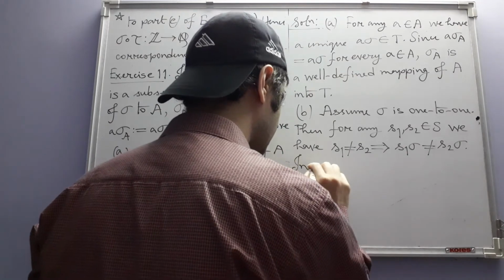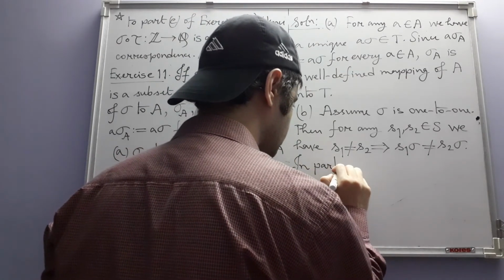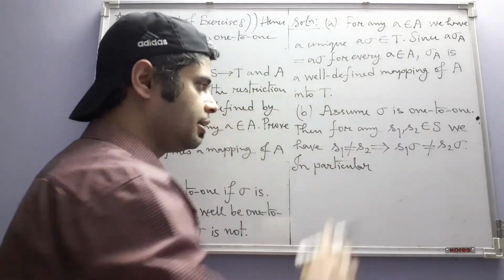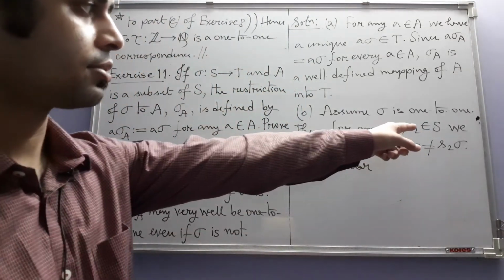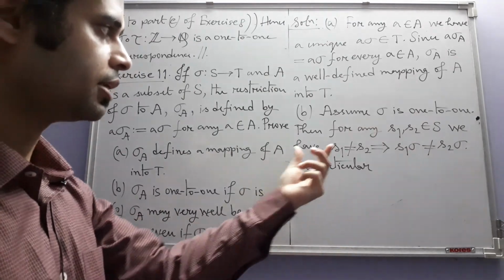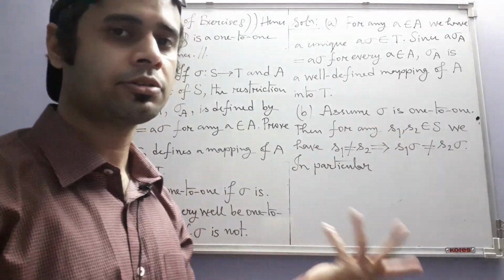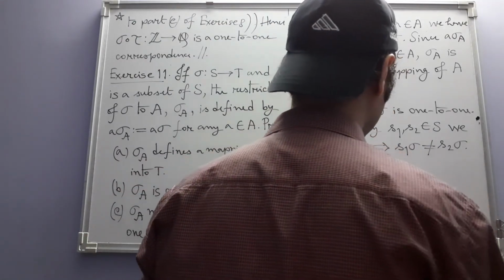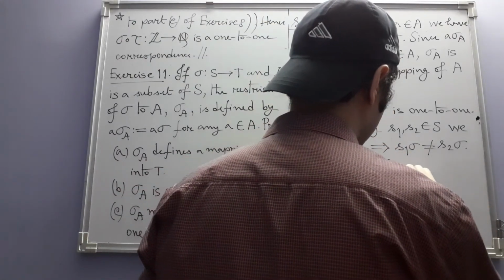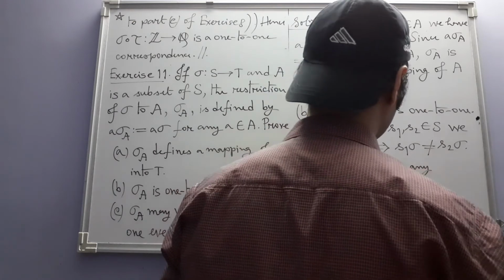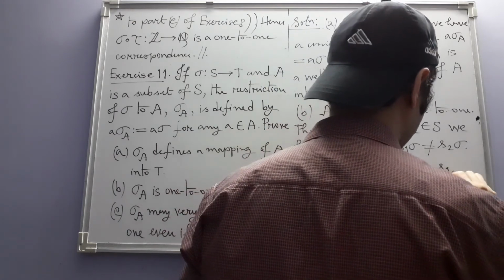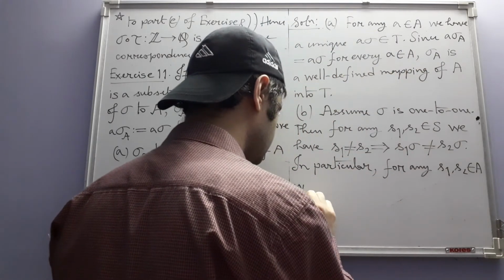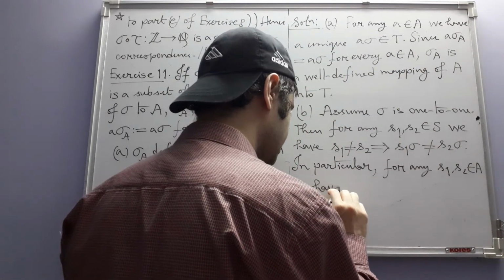In particular, this implication is true for any elements S1 and S2 in S. If you restrict these elements to A, then also this will be true because A is a subset of S. In particular, for any S1 and S2 belonging to A, we still have that implication.